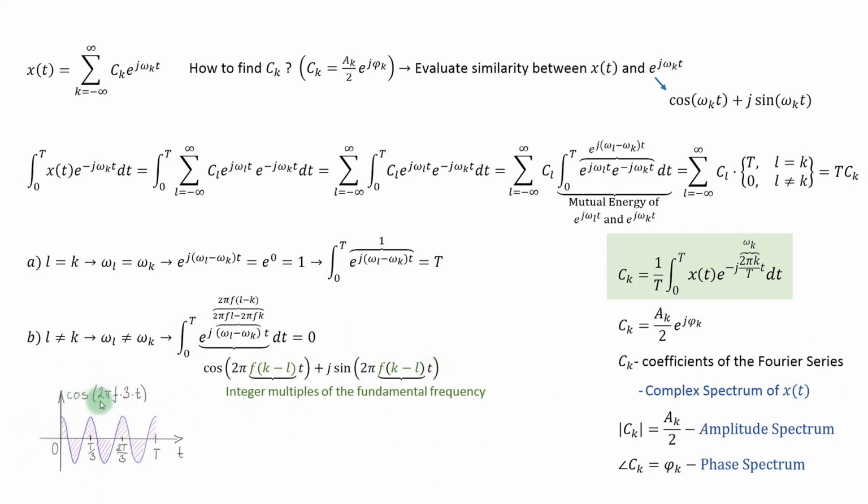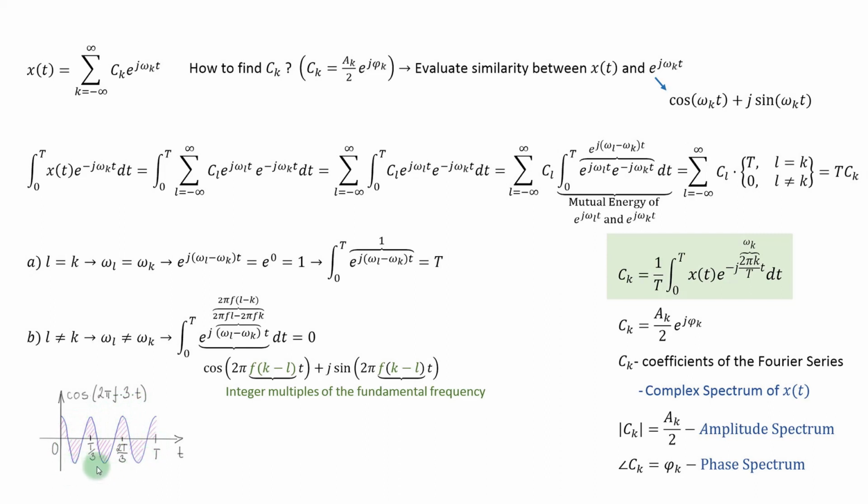Well, here I have a cosine which has a frequency 3 times higher than the fundamental frequency. Thus, the period of this cosine is going to be 1/3 of the fundamental period. If this is the fundamental period, then this cosine has a period which is 1/3 of the entire fundamental period.